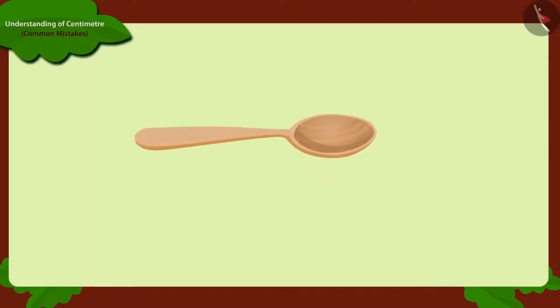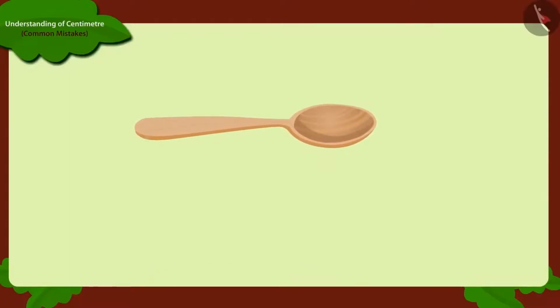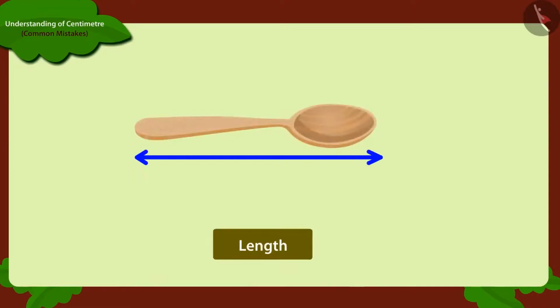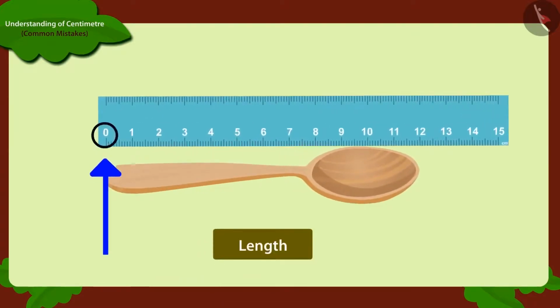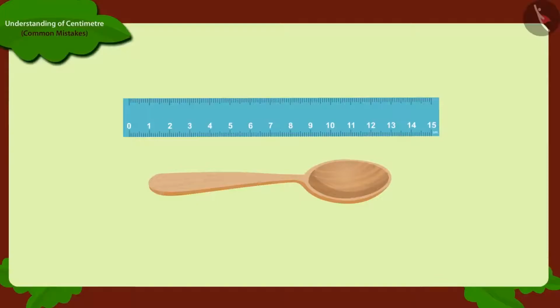Keep in mind, kids, whenever we are measuring the length of any object with a ruler, then we should always keep in mind that we start measuring the length by the 0 number.